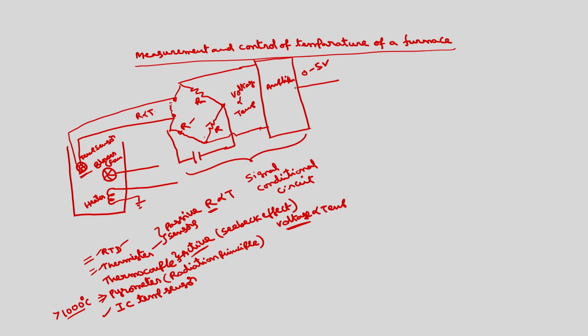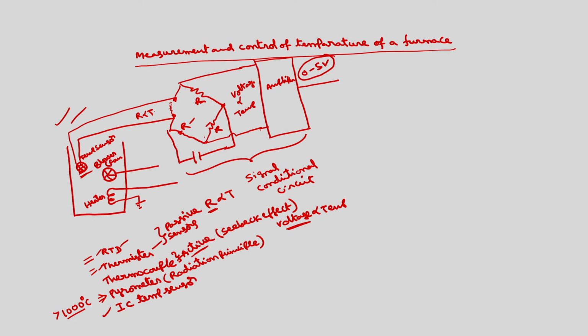What is required here is, whatever the physical quantity is, we need to convert the value into 0 to 5 volts, so that I can apply this to the analog to digital converter and do the remaining processing. Okay. So let us assume 0 to 5 volts; this depends upon the calibration.